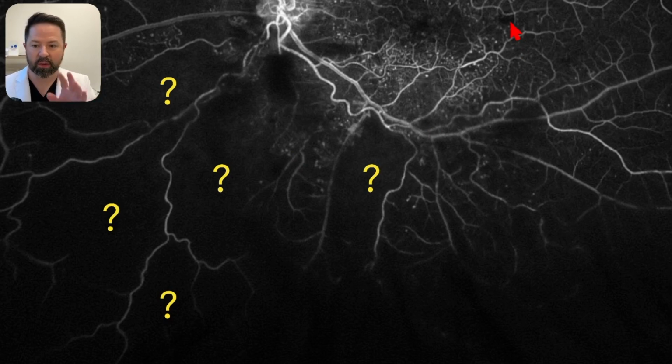But if we do an angiogram and we reveal all these territories, we start to understand that this disease process might cause some trouble. These parts of the retina that are not getting enough blood flow cry out for help. And so what the retina does in other areas where there's adequate blood flow, like for example right here, the retina starts to say, we need to help our neighbors.